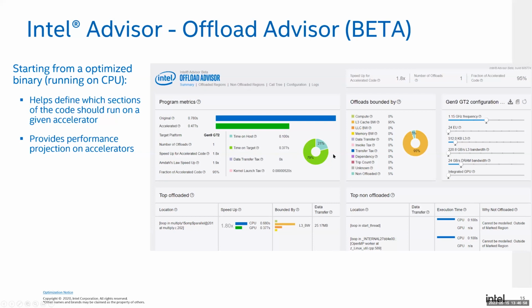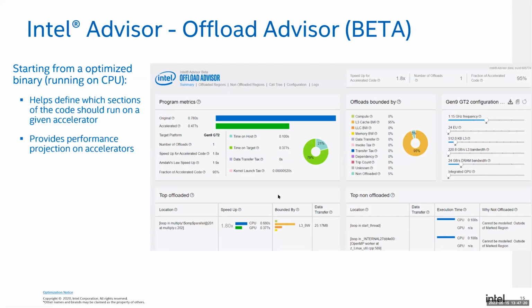So it tells you that you will save 21%, and it will show you the exact function name, the actual loop that has to be offloaded, and the CPU versus GPU time if you offload a specific section of your code.